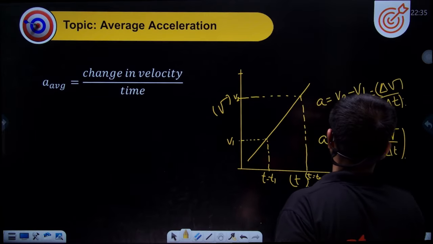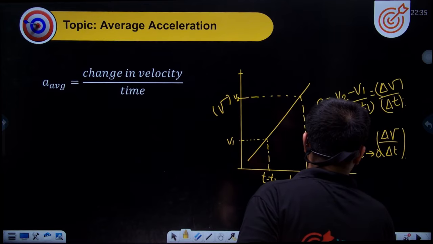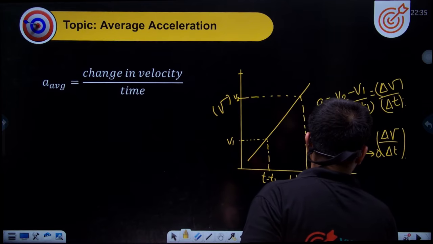This is also written as instantaneous acceleration is nothing but dv/dt.